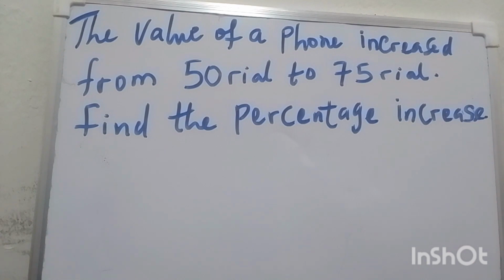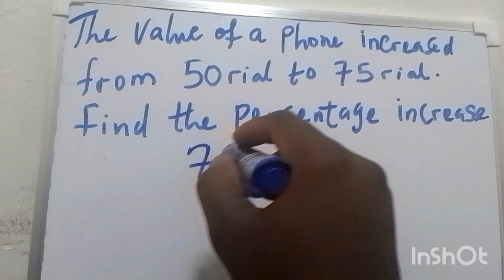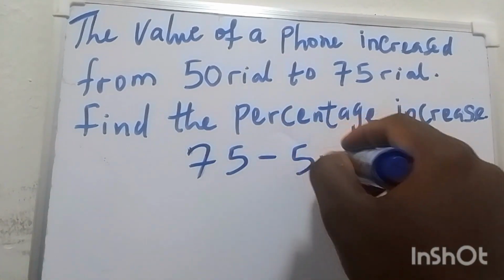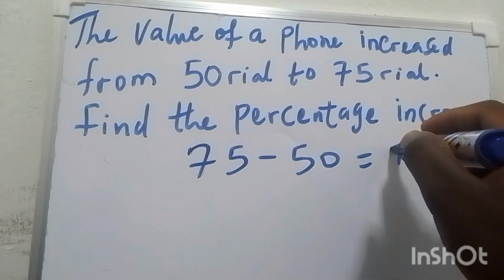Alright, the question says the value of a phone increased from 50 real to 75 real. Find the percentage increase. What we need to do is first find how much is the increase. So we can say 75 minus 50 gives us 25.